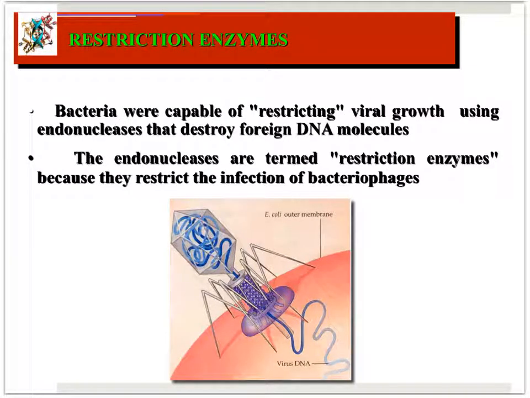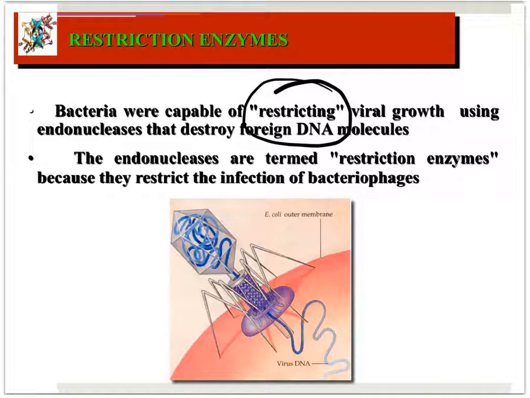Okay? So bacteria are always smart. Just as they defend against antibiotics and different things, they defend themselves against viral growth by restricting access. They develop these enzymes to chop down the bacteriophage viruses.